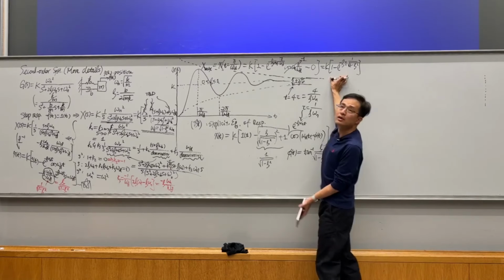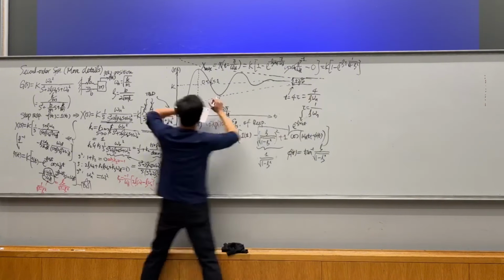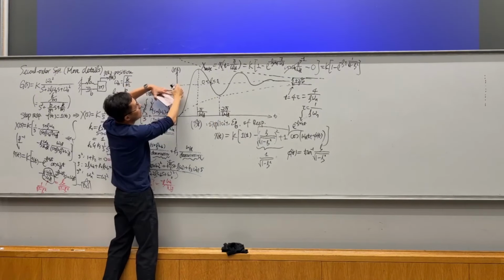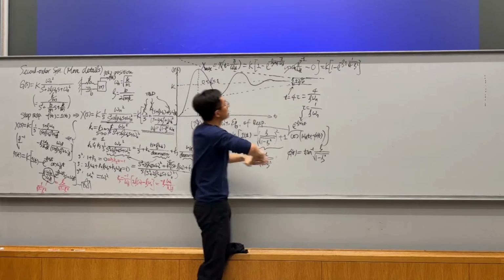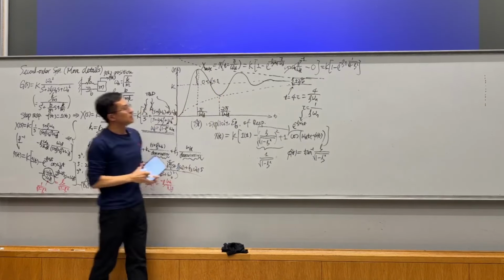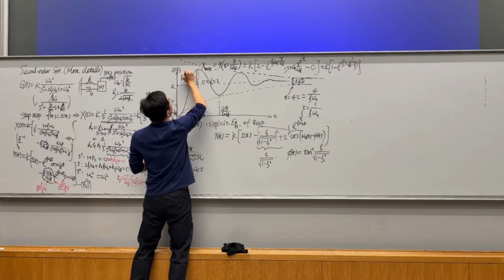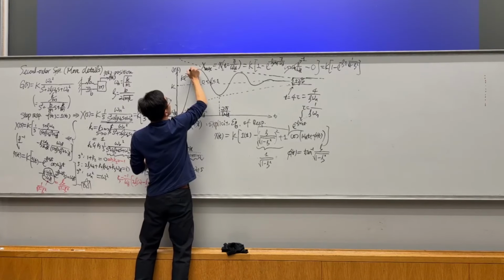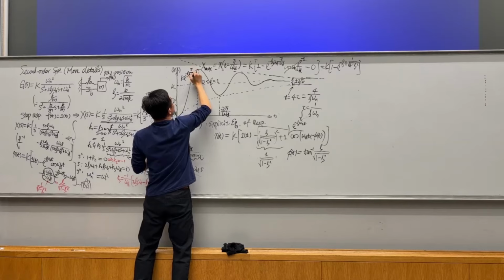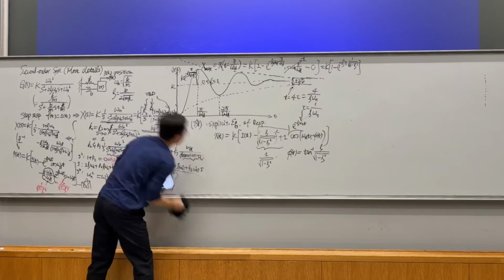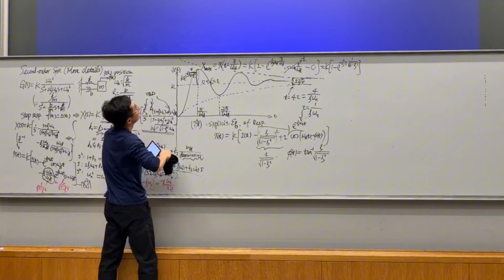The structure actually is very nice. It is k times 1 minus this term. So that means the distance over here is precisely k e to the negative zeta pi over the square root of 1 minus zeta square. Let me write it more clearly with red.